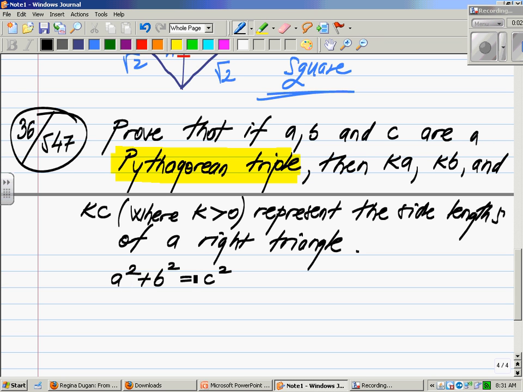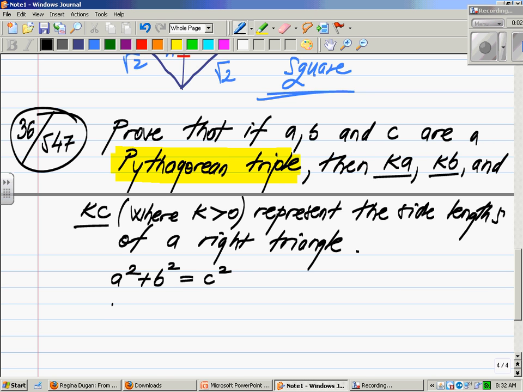If you have three numbers that are satisfying this condition here, that the square of one of them is the sum of the squares of the others, they will be the sides of a right triangle. So if we can show that if a squared plus b squared equals c squared, that is given, is true, then Ka, Kb, and Kc will also satisfy the same condition, right? So let's check.